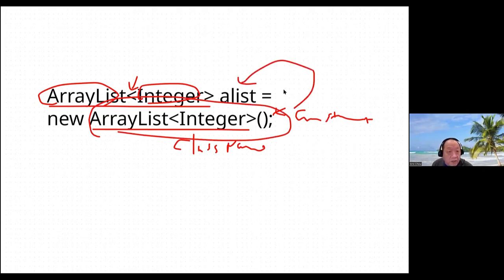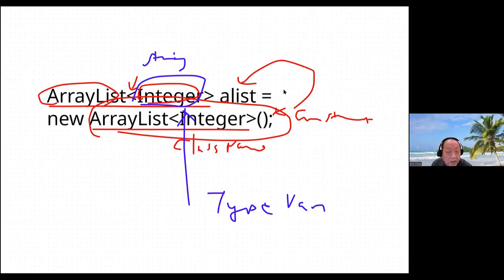So ArrayList of Integer is one kind of data type. And right here, we do have an Integer. This Integer can be replaced by String, can be replaced by double or different types. We call this the type variable. That means you can assign different types to the array list. Basically array list is a container.